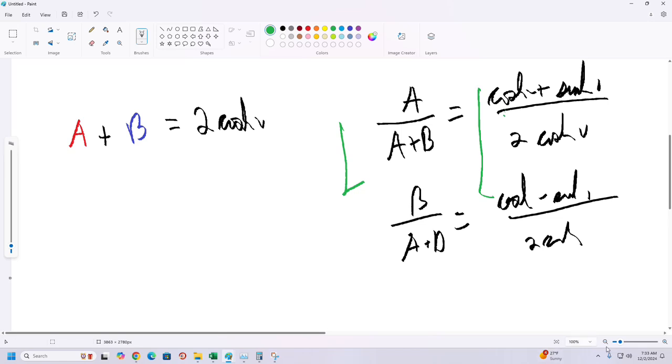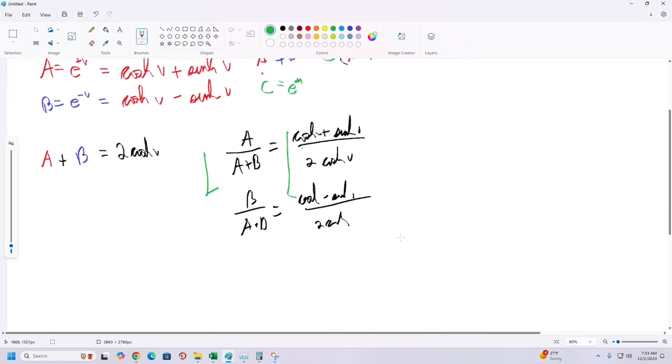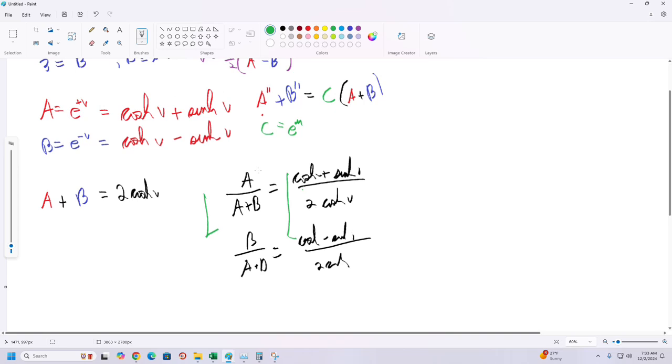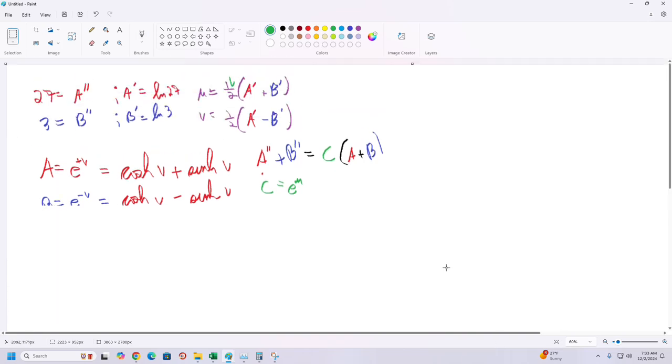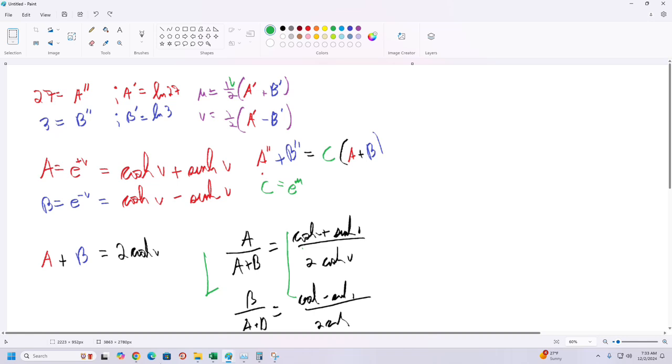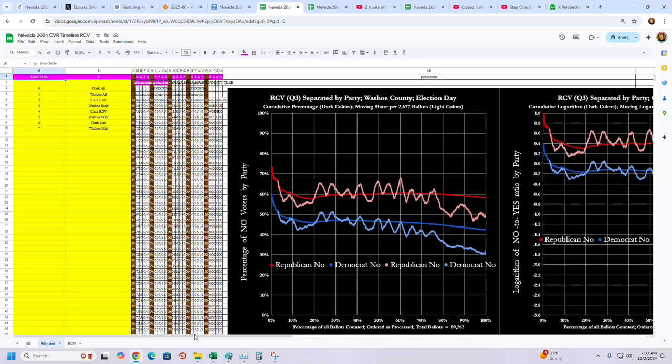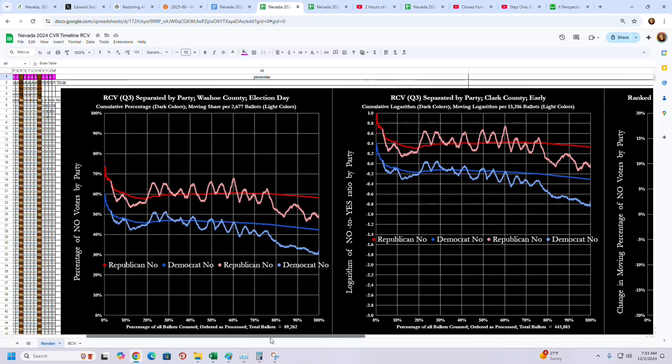So now that you know what a percentage is, and you know that it's fundamentally a hyperbolic entity, this is why a linear change in percentage is not a linear change in ratio.